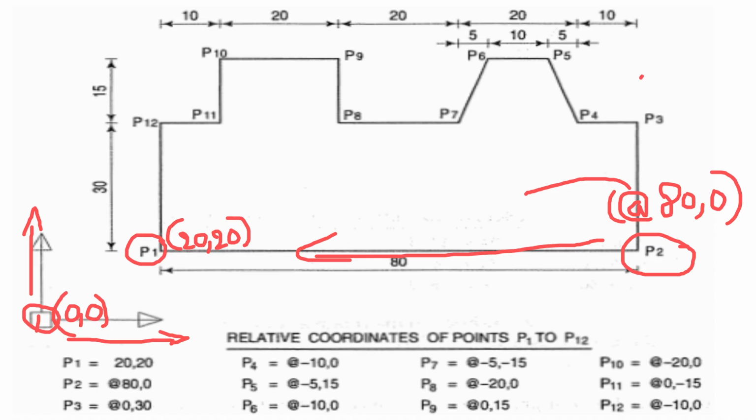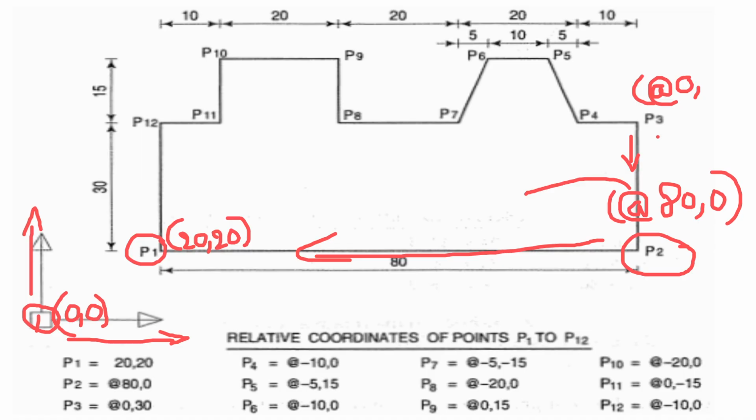Now I'm going to consider point P3. Again, to write the coordinate for point P3, I will be using the relative coordinate method. So I'll write the at the rate symbol, then the P2 to P3 distance along the x-axis, which is 0. Because, as I already said, when I write the coordinates for the current point, I need to consider the previous point.